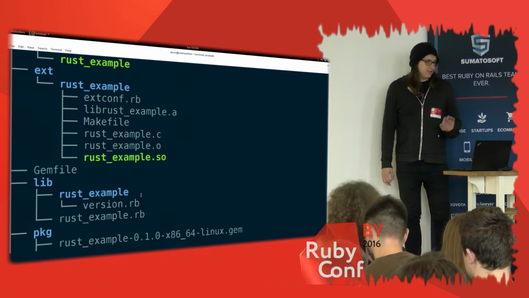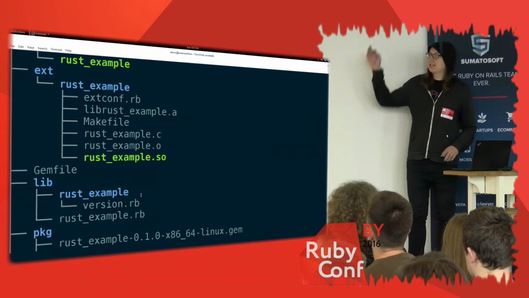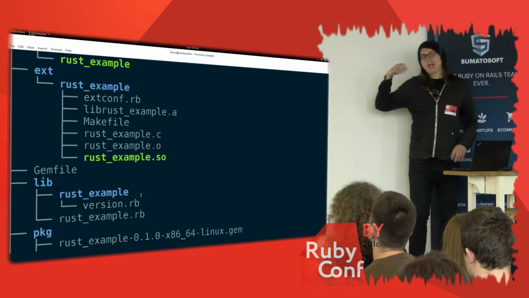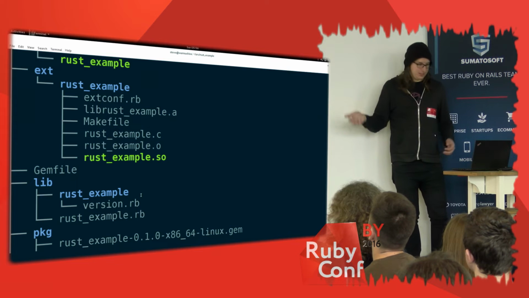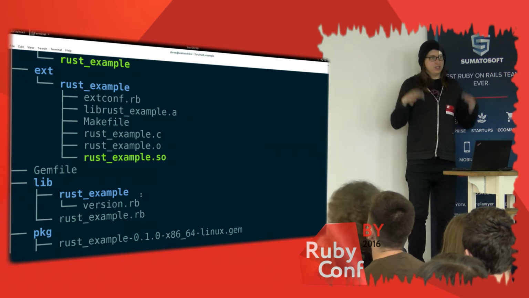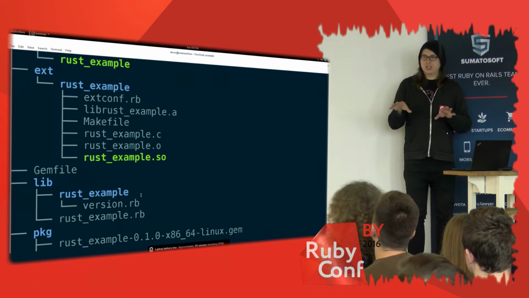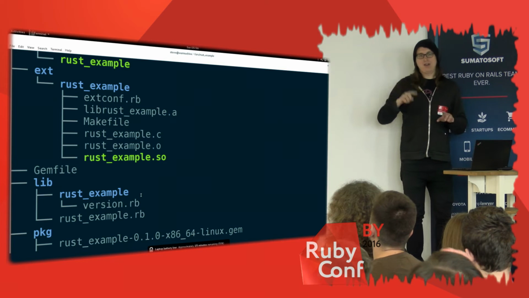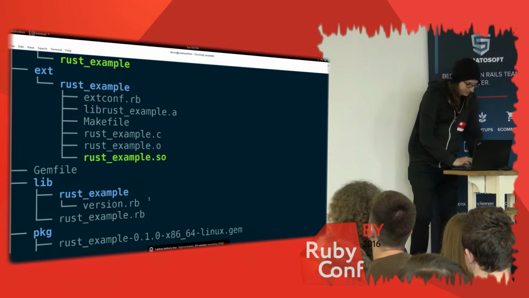Native gems that have C extensions also have an ext directory, and inside there is where your C code goes, and that's how Ruby knows how to talk to C stuff. So if you ever installed some gems and it says building native extensions and it sits there for a while, we're about to see how that works, basically.